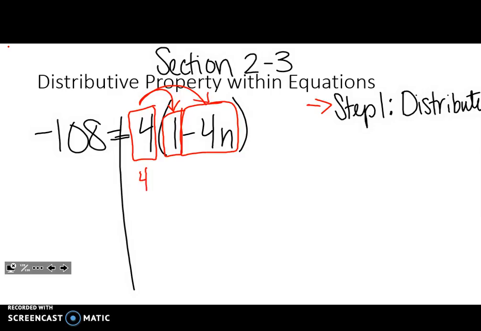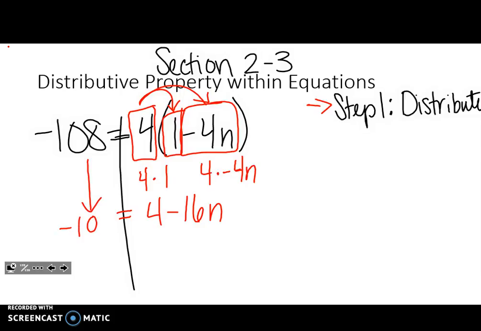So I have 4 times 1, and I have 4 times negative 4n. Just a reminder that if I'm going too fast for you, you can always pause the video and slow down to catch up with your writing. So 4 times 1 is 4, and 4 times negative 4n is negative 16n. I'm going to bring down this negative 108 because I haven't used it yet.